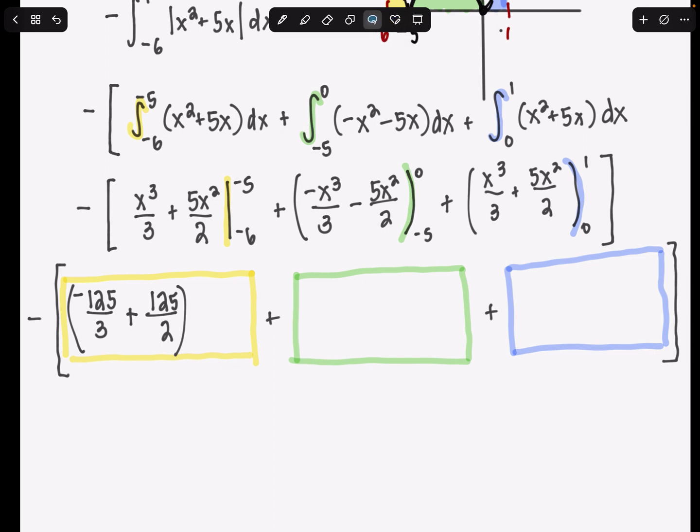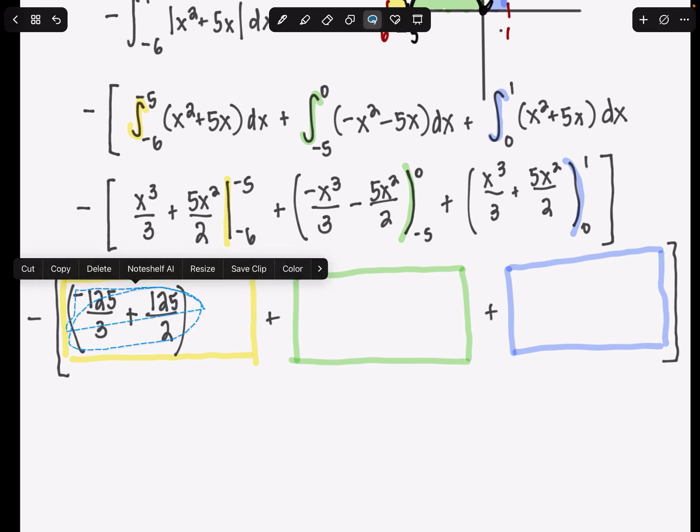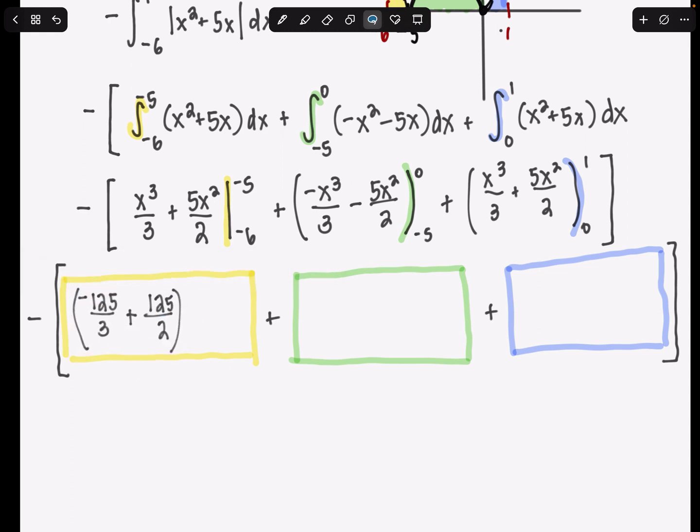Now I've got to put the -6 in. So look at what I'm going to do. I'm going to resize this because I need a little bit more room. Okay, so now I've got to subtract out putting the -6 in.